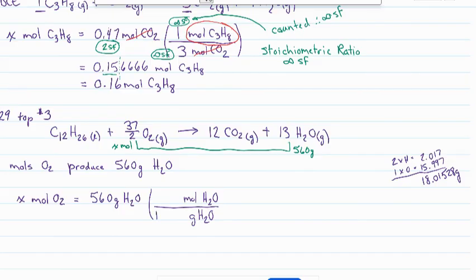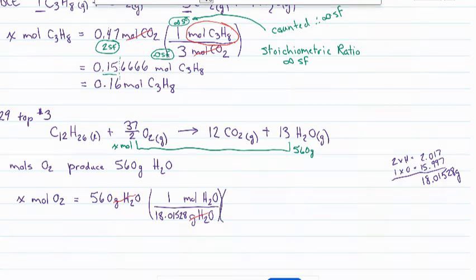Okay, and we have 18.01528 grams in 1 mole of water. Okay, looking at our units, we've now gotten rid of grams of H2O. We're in moles of H2O. But moles of H2O is not what we want. We want moles of oxygen.